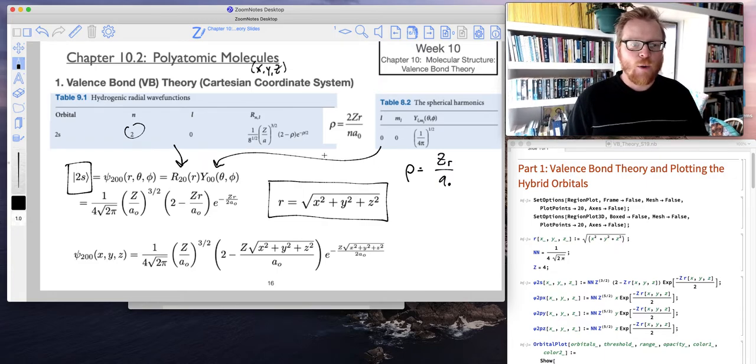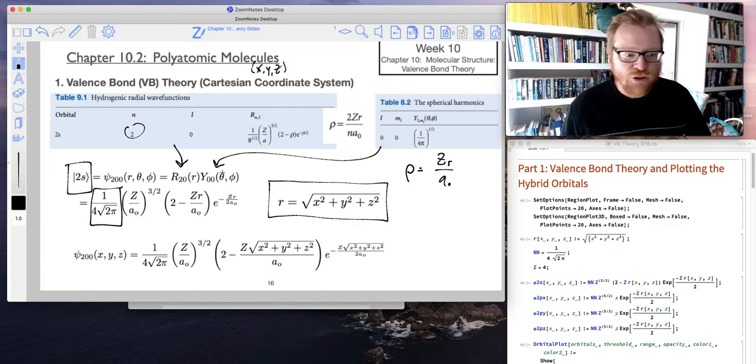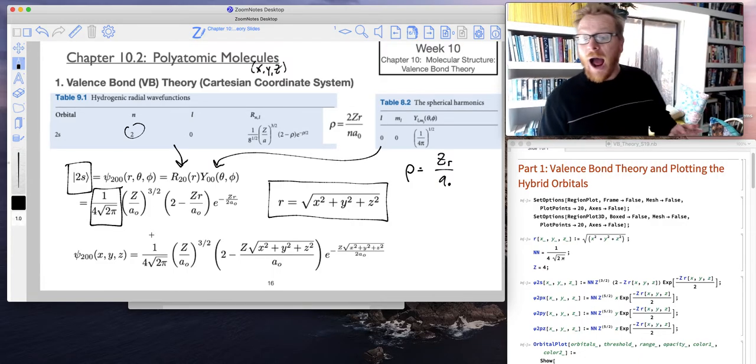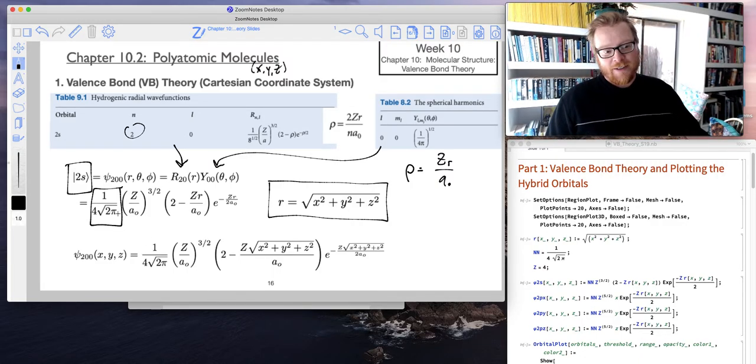I combined the 1 over square root of 8 and the 1 over square root of 4 pi and simplified it into this chunk: 1 over 4 root 2 pi. I just did that algebra for you.